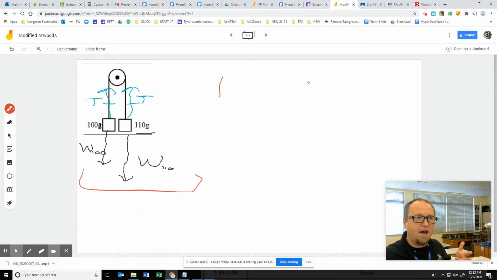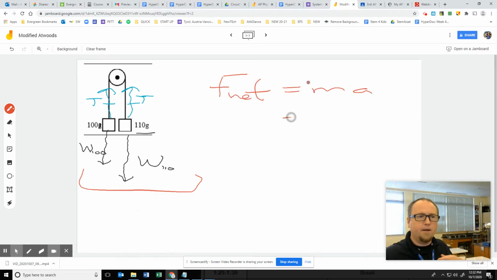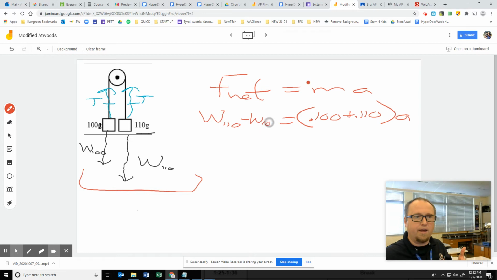So if I go F net for my system equals MA, I have my masses involved. I've got 100 grams, so 0.100, plus 110 grams, 0.110. My net force is the weight of the big guy minus the weight of the little guy.